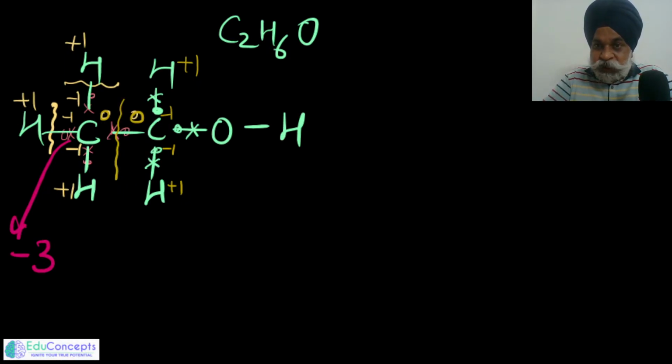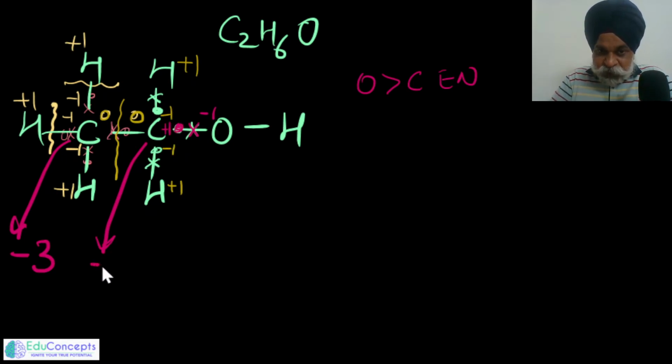Now the important thing is that this particular bond would heterolytically cleave because oxygen is more electronegative than carbon. If I write the electronegativity, the bond would break like this, minus 1, and this would receive plus 1. So this carbon has oxidation state minus 1, plus 1, minus 1. So its total would become minus 1.